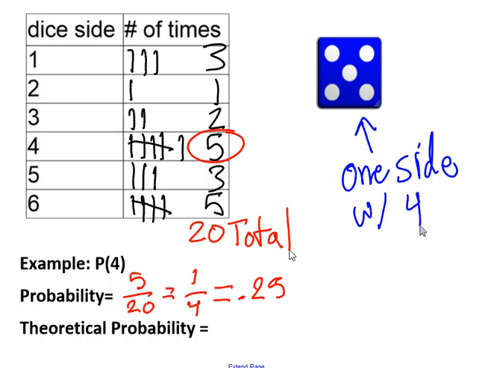So I would only have a theoretical probability of 1 out of 6 sides of the dice, which is equal to 0.17 rounded. So sometimes it's the case through doing an experiment that the probability you get from actually doing the event does not actually match the probability of the object or the event itself.